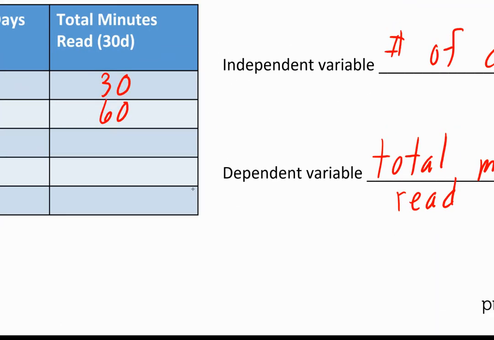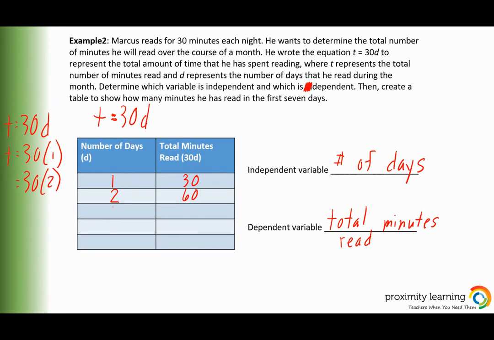What about 3? 30 times 3, 90. 4, 30 times 4, 120. 5, 30 times 5, 150.